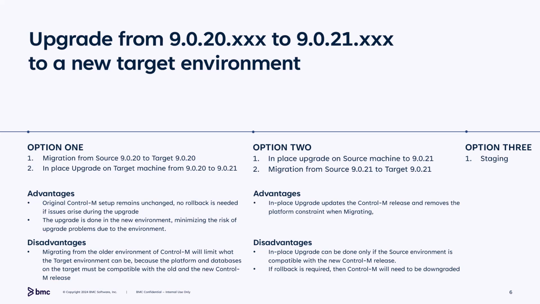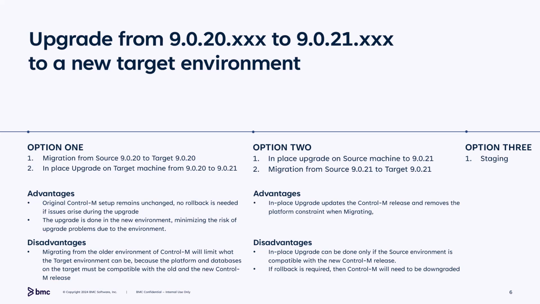Advantages of doing migration first is the original Control-M installation remains unchanged, so no rollback is needed if there is a problem during the upgrade. The second advantage is that the in-place upgrade is done in a new environment, minimizing the risk of upgrade problems due to the environment.